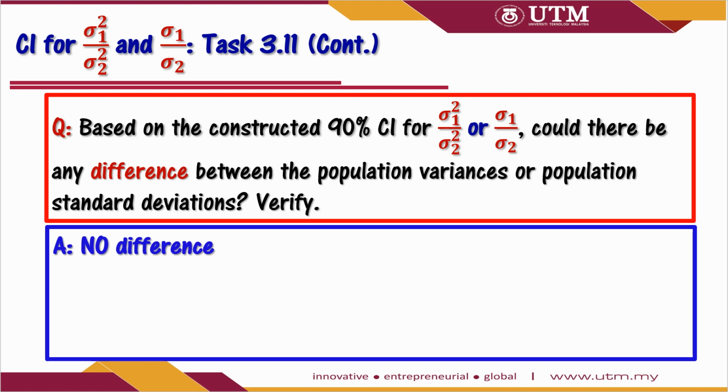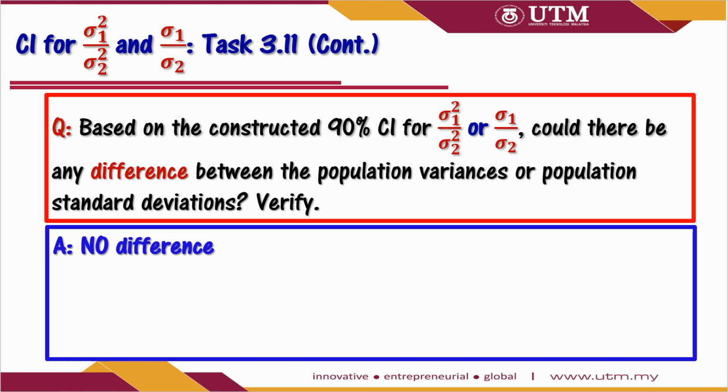This indicates that the confidence interval contains a ratio of 1. When the ratio is 1, it implies that sigma 1 squared is equal to sigma 2 squared, or sigma 1 is equal to sigma 2.